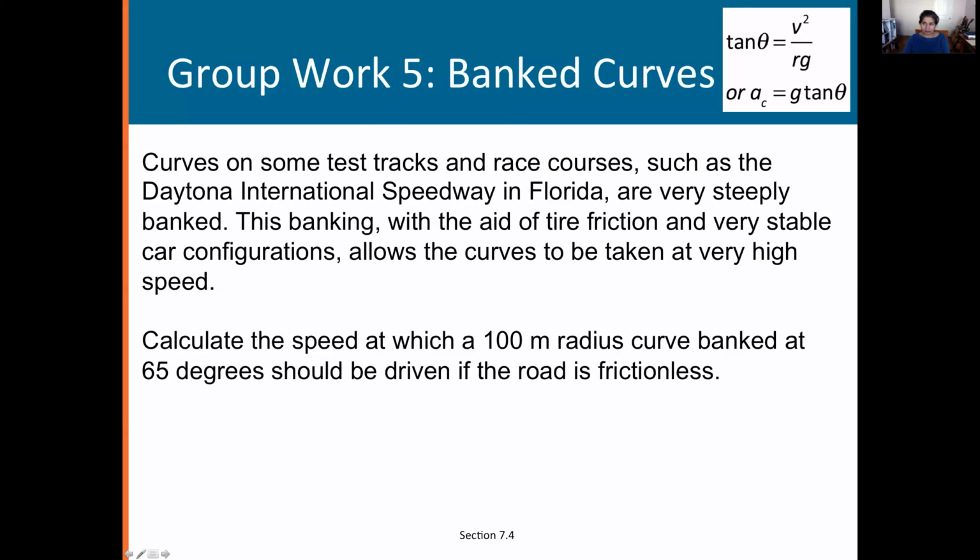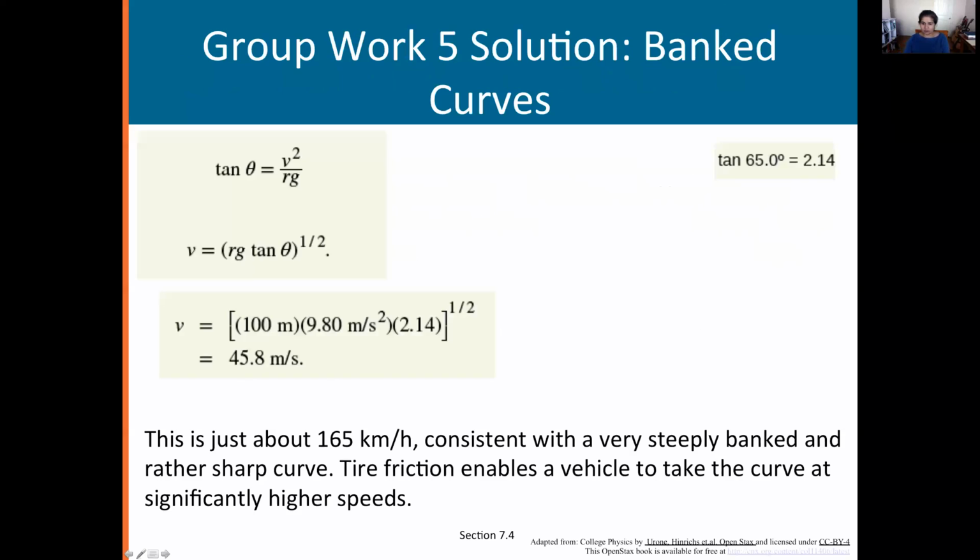So we know theta, we are asked to find v, we know r, and we know g, yeah? So this is perfectly possible for you to solve this just using this formula. And you should get 45.8 meters per second. This is without friction. If you add in friction for the track, you can go even faster, yeah?